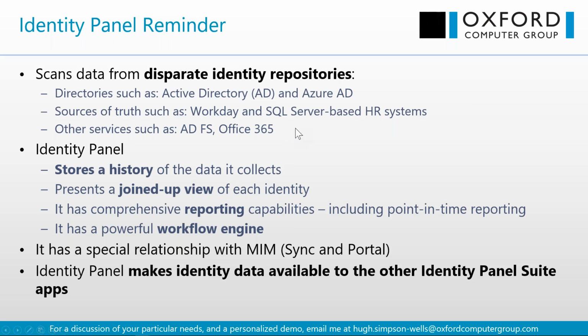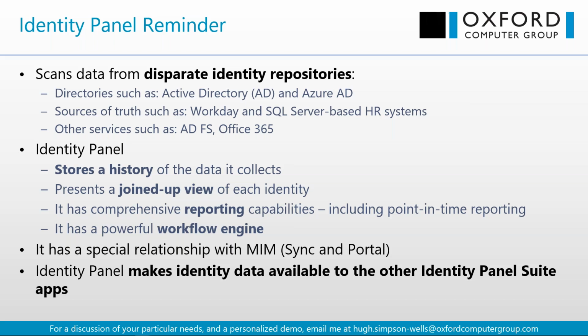It stores a history of the data it collects and presents a joined up view of each identity. It provides the reporting capabilities that will be used by all of the applications. And it has a workflow engine, again, which will be used by all of the applications.